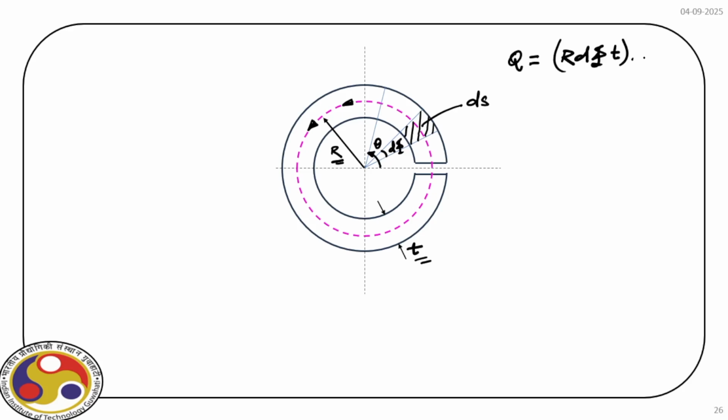So the lever arm in this case is r sine of phi, right?